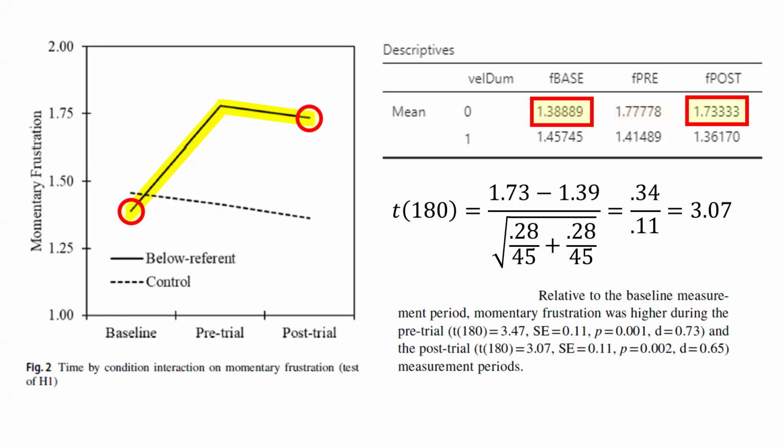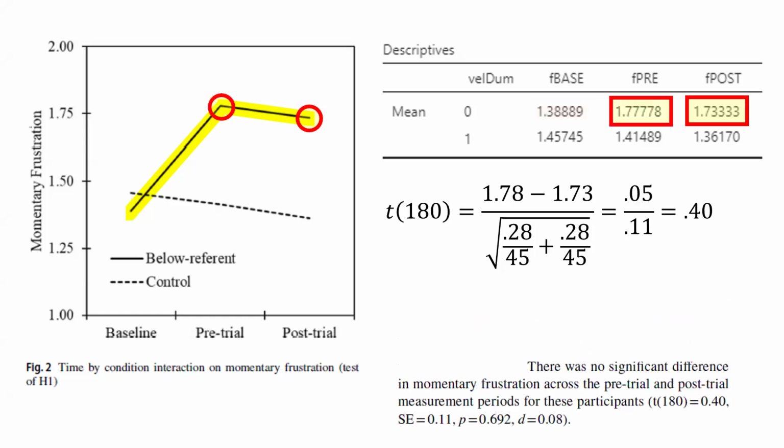Likewise, when we compare baseline to post, we get a t of 3.07. And finally, we want to compare the pre to the post and see if these are different. And we find that no, they are not different from each other with a t of 0.40.